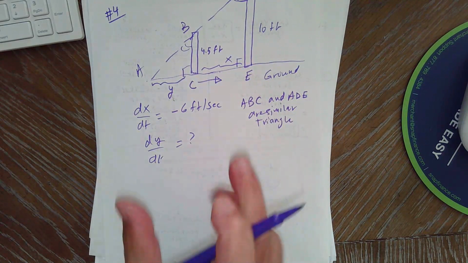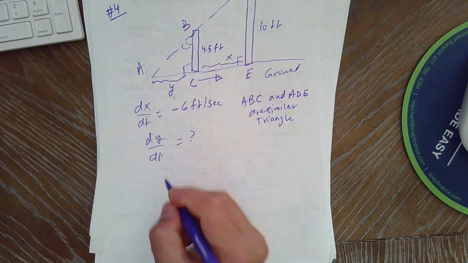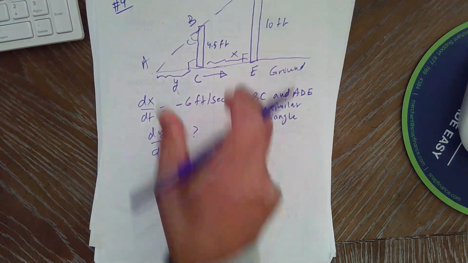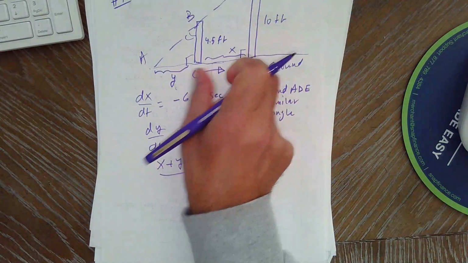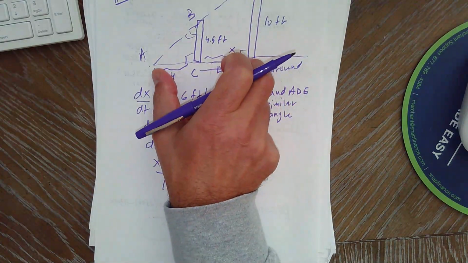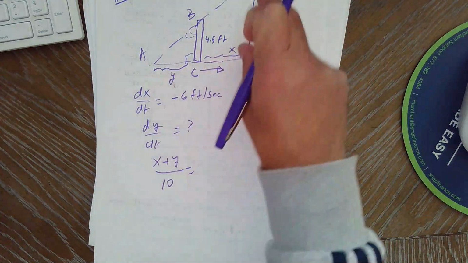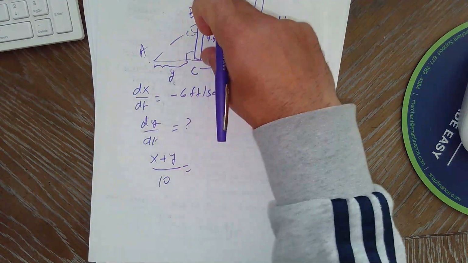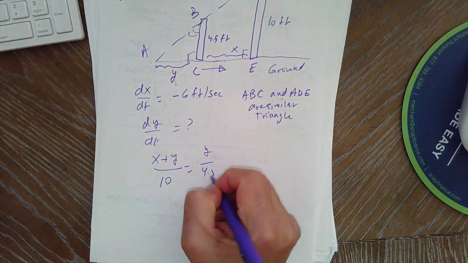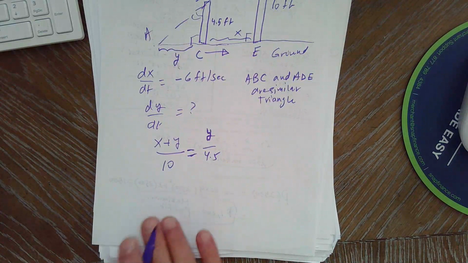So if we start with the bigger triangle, this side, which is x plus y, relative to 10, equals the smaller triangle, y to 4.5. And this is not the only ratio, but we can do many of them.